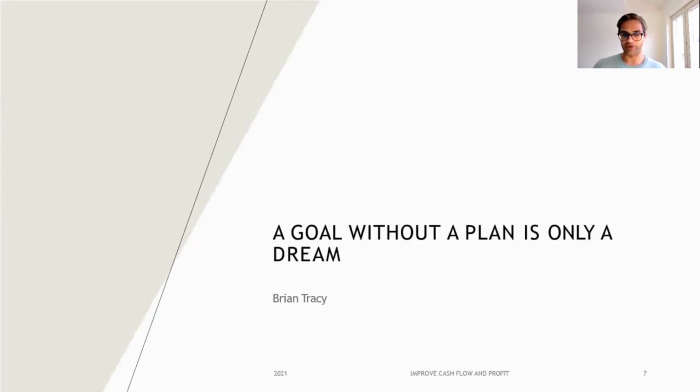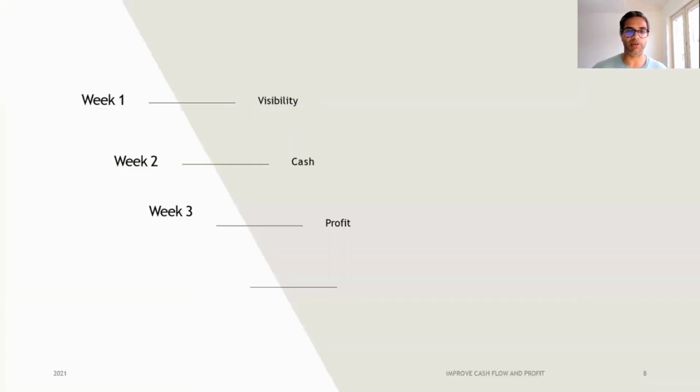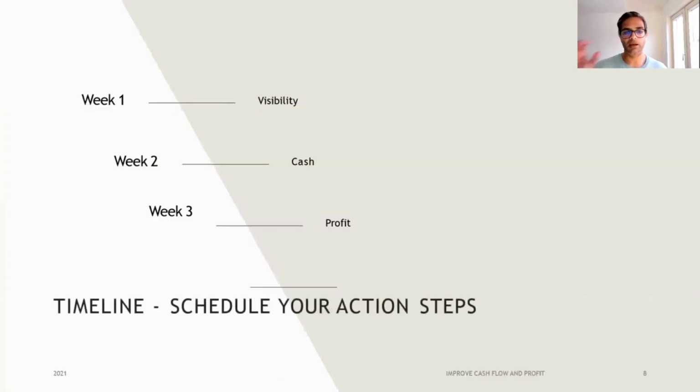So remember, your mate Brian Tracy said, a goal without a plan is only a dream. All right, so we've done the planning. What I want you to do now is to start scheduling your action steps, right? So I've split it up into 3 weeks here. Week 1, week 2, week 3. Just from your previous sheet, what are you going to do?